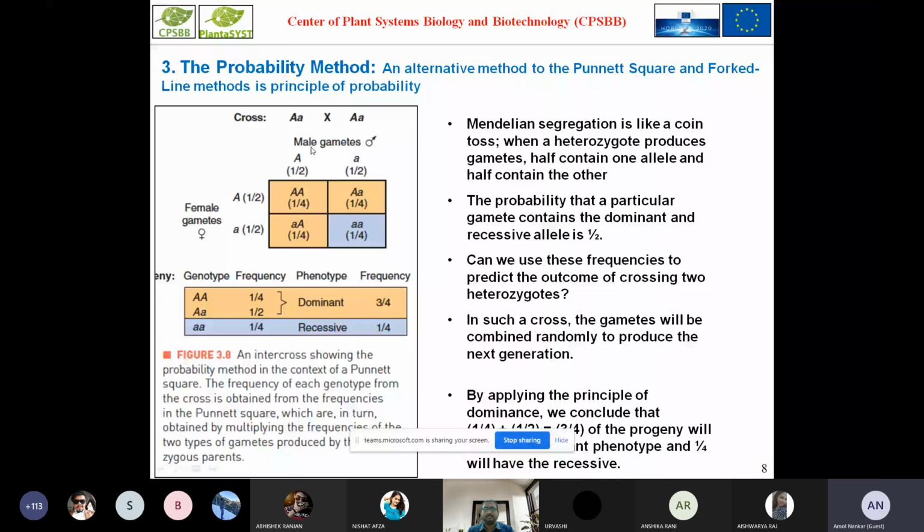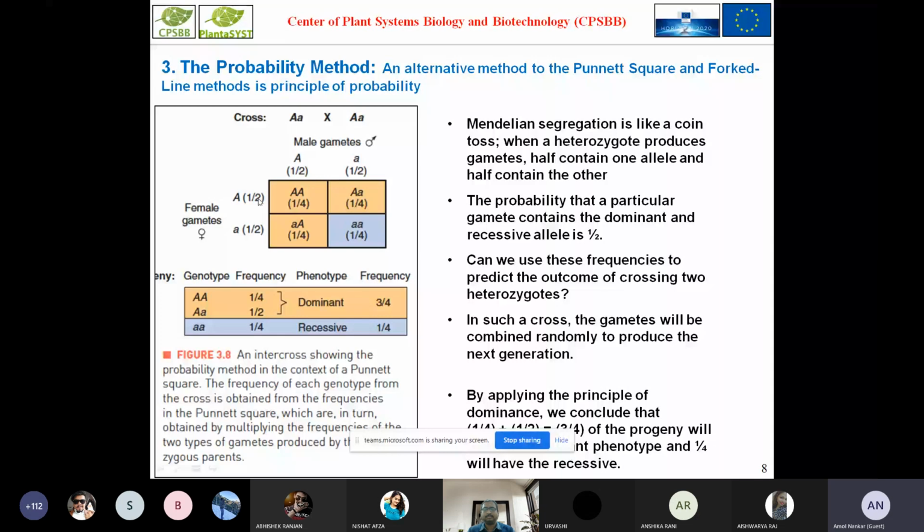It's a probability like tossing a coin, whether it will be head or tail, so it will always be 50%. So the question comes: can we use these frequencies to predict the outcome of crossing two heterozygotes? When we have this F1, which is heterozygous, and we cross it to another heterozygous, can we predict the frequencies based on this probability?